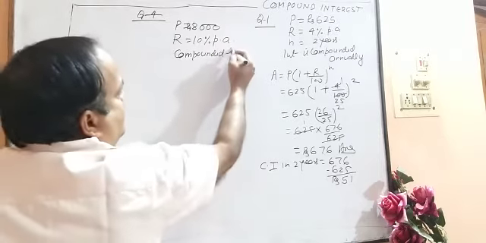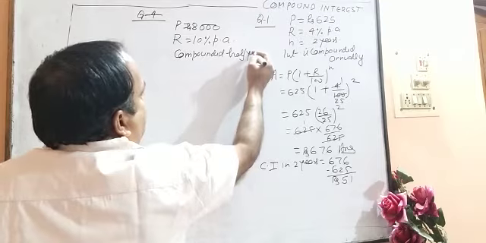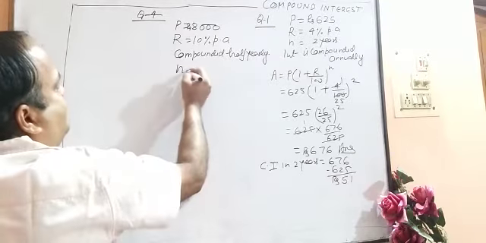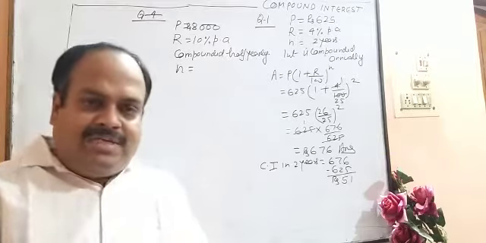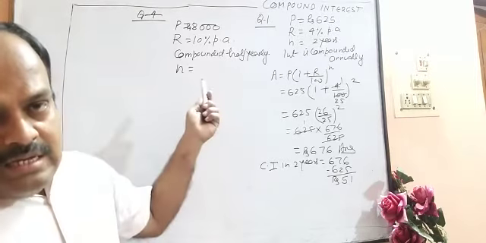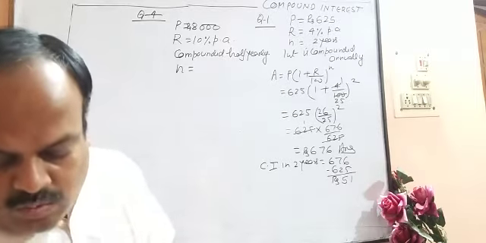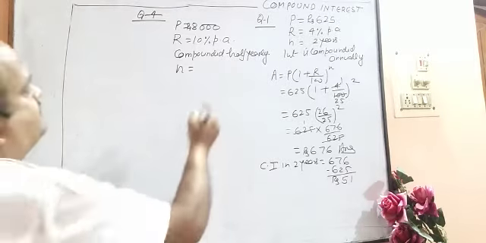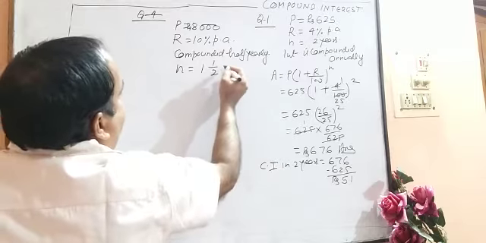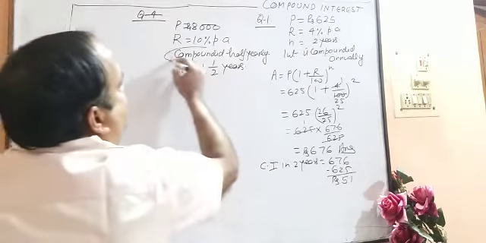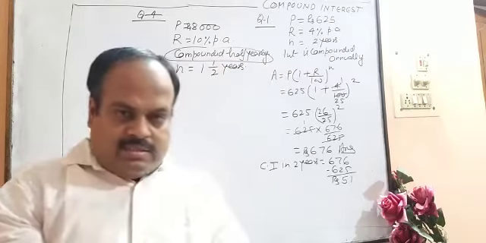The time in years, the symbol for the time is n. Here, the time is 1 whole 1 by 2 years.